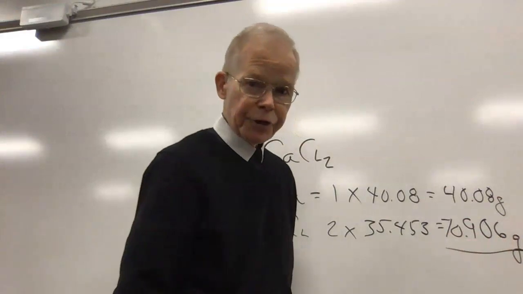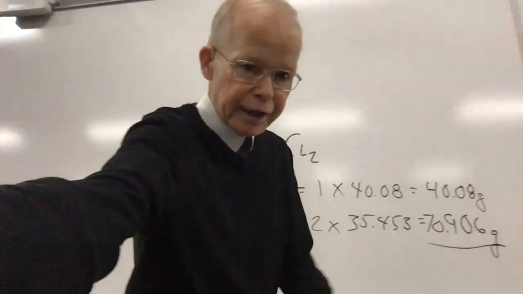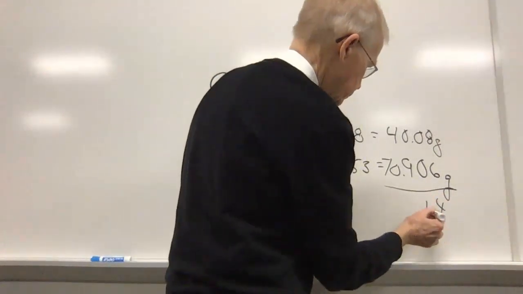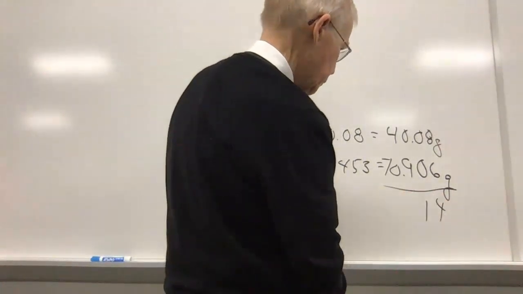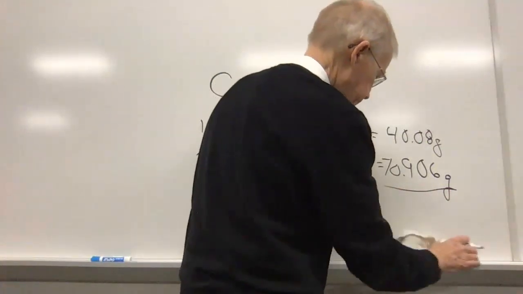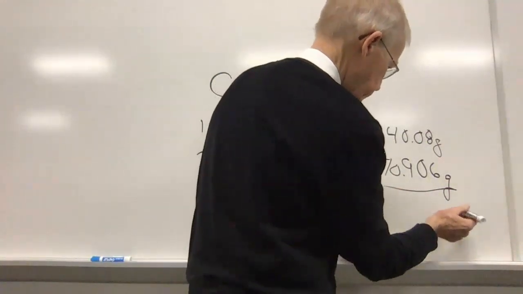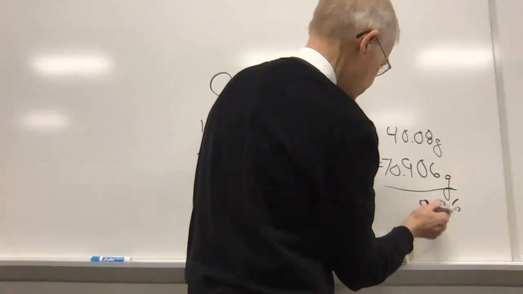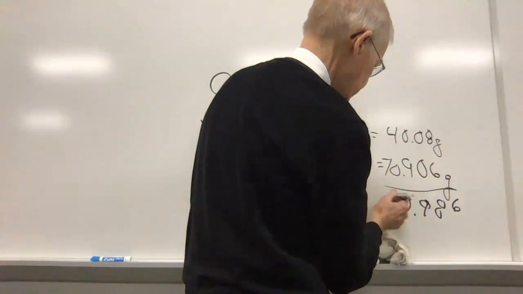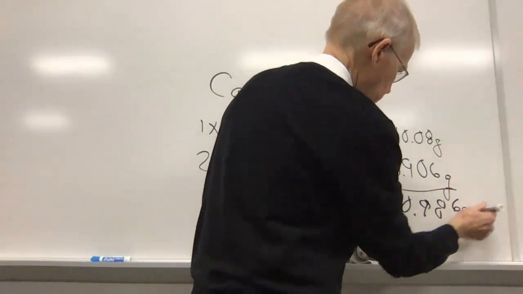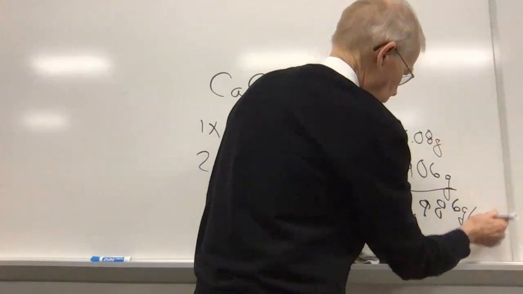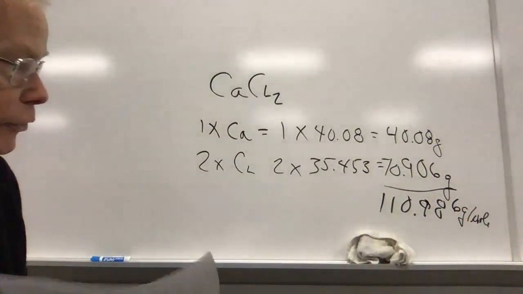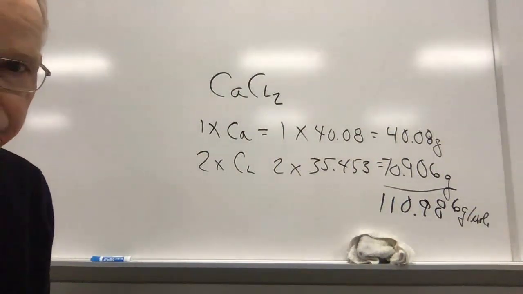Hopefully my math is okay. And then I add these together. Our mass for a mole of calcium chloride should be about 110 grams per mole.